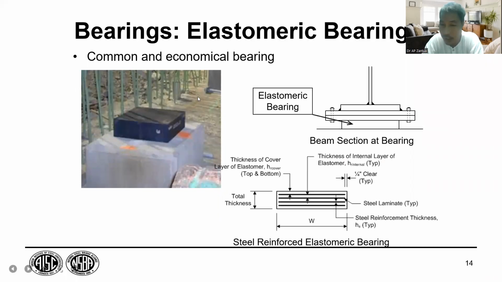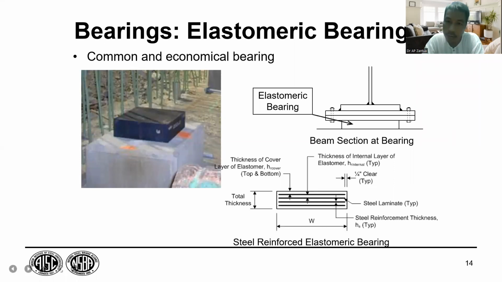In engineering, rubber is a type of plastic, a type of elastomer. The types of elastomers are the different types of plastic and rubber, which could be mixed to create a desired property. So this is a bearing.